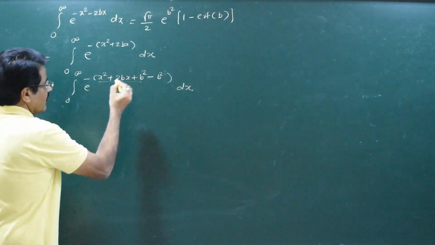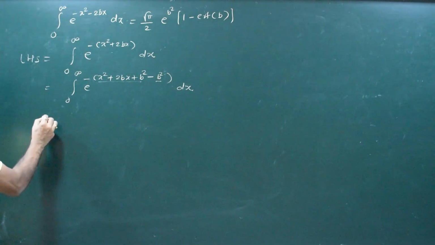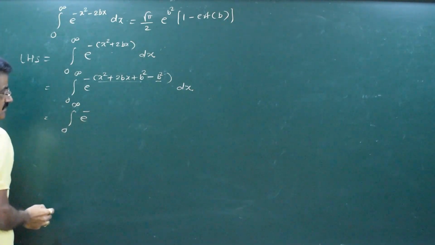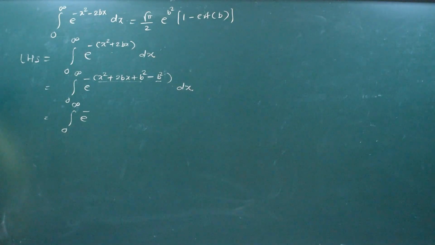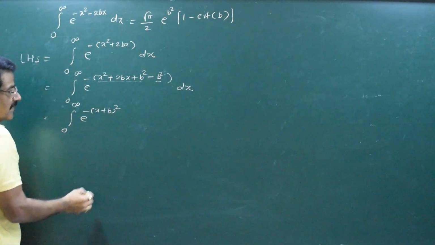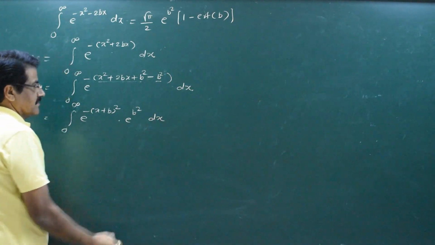Make a group of the first 3 terms and the second term and use laws of indices. So integration 0 to infinity e raised to minus x square plus 2bx plus b square is nothing but x plus b whole square multiplied by e raised to b square dx.